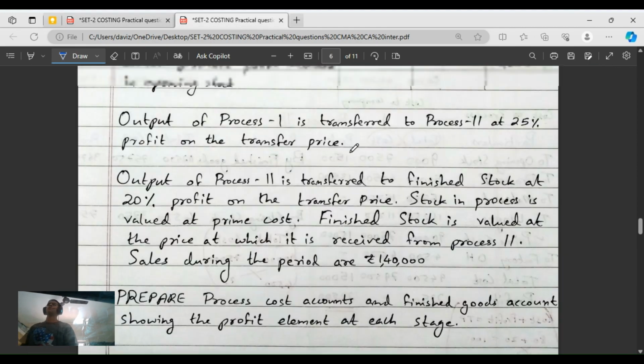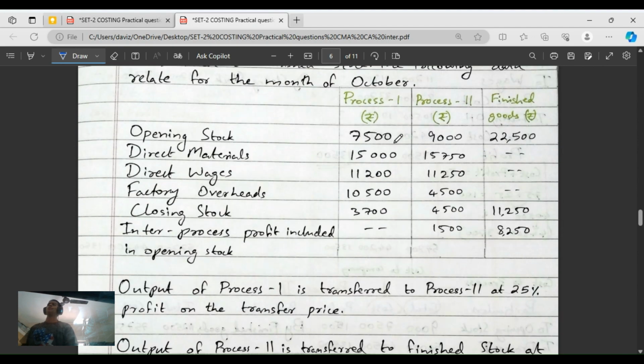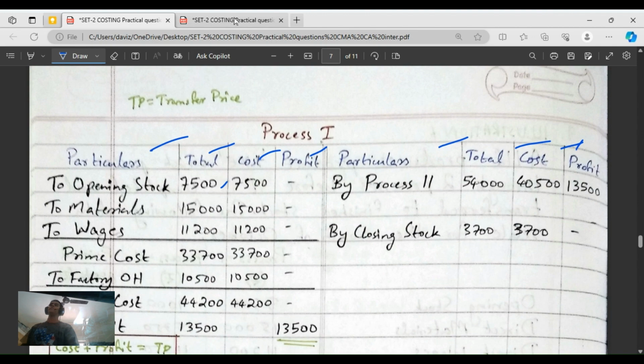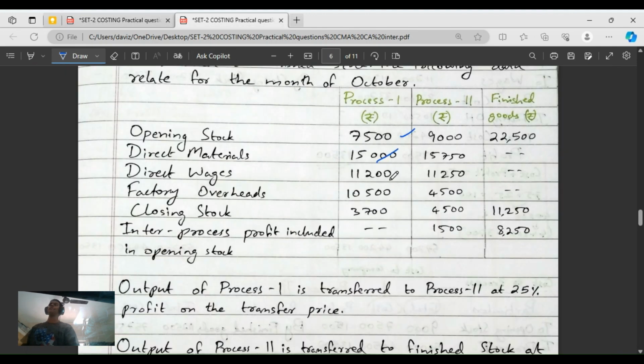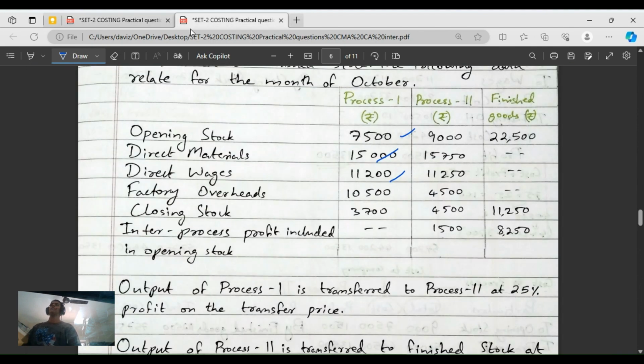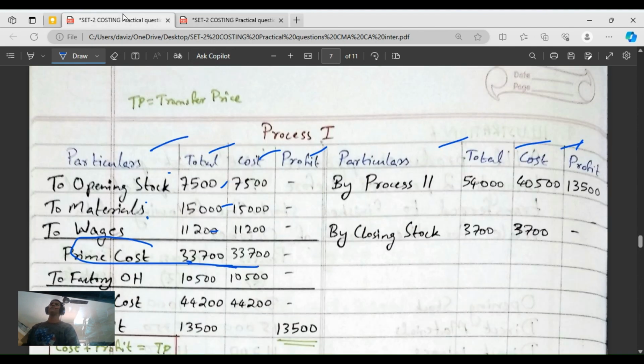The opening stock for process 1 is 7,500. Then material 15,000, wages 11,200. That also I write. After adding this, we got the prime cost. Material, wages, opening stock, we got prime cost. Then factory overhead, the factory expenses.